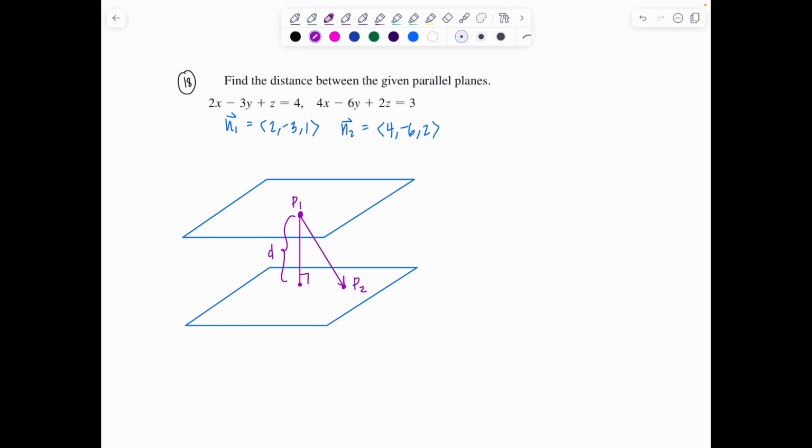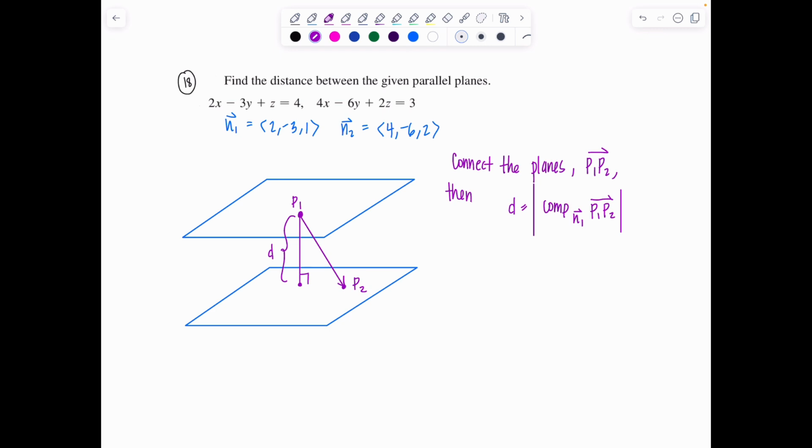So we need to connect the planes, making vector p1, p2, and then the distance is going to be, always take absolute value just in case that scalar projection comes out negative, and we'll find the scalar projection of p1, p2 along n1. You could also project it along n2, no problem. You'll just be dealing with bigger numbers.